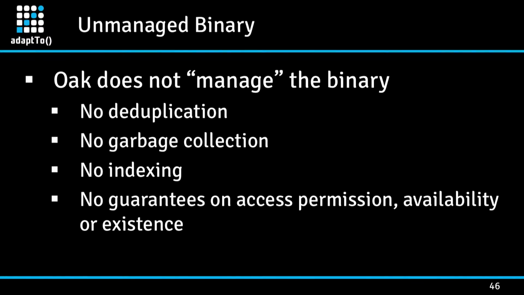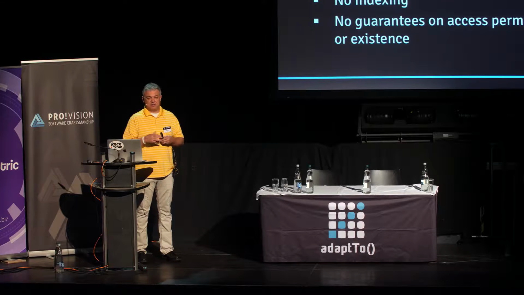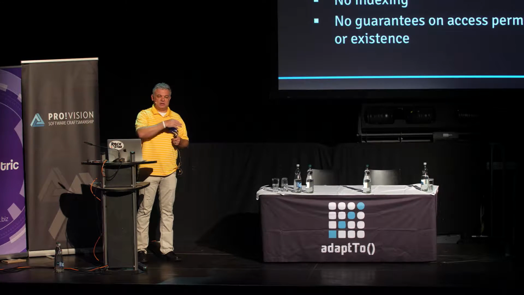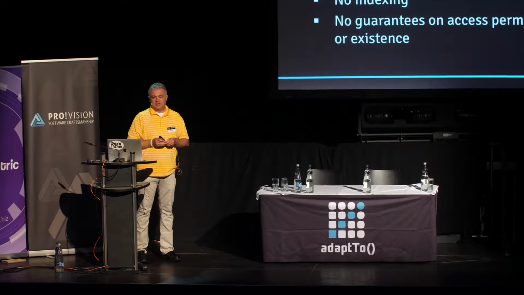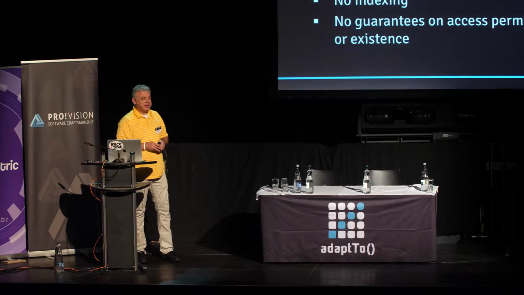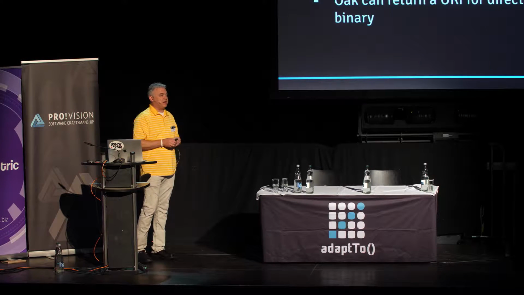If we end up doing unmanaged binary, which I think we will, then unmanaged binaries won't be deduplicated. You can't garbage collect them. There's no indexing on them. And we don't even have the ability to guarantee that the file is even there. It might have been there at one point and then it got removed by somebody. So there are a lot of guarantees that you won't get with unmanaged binaries.